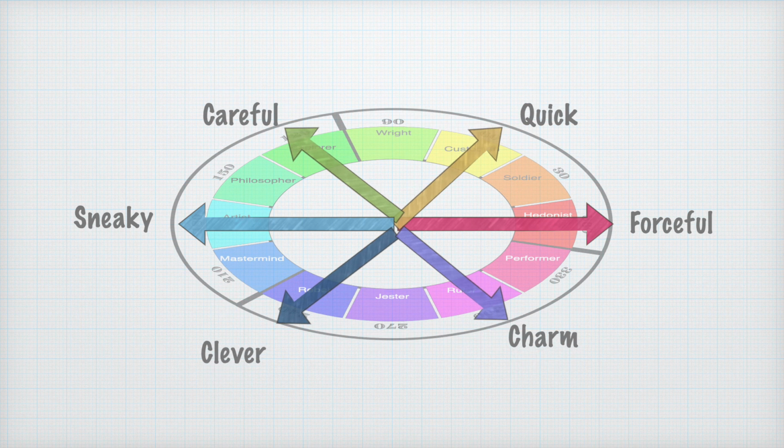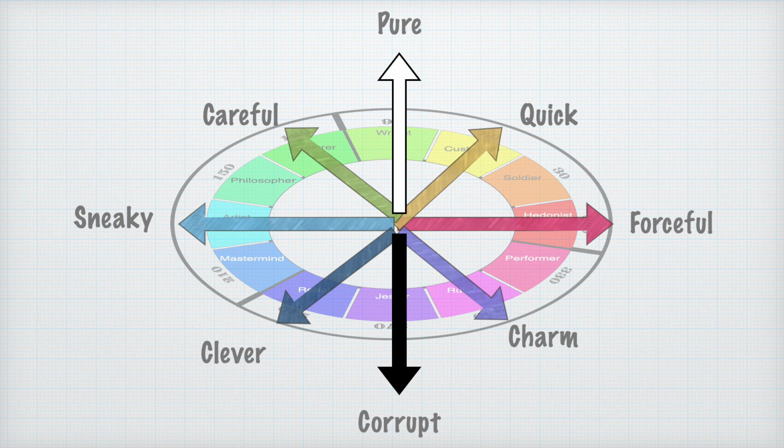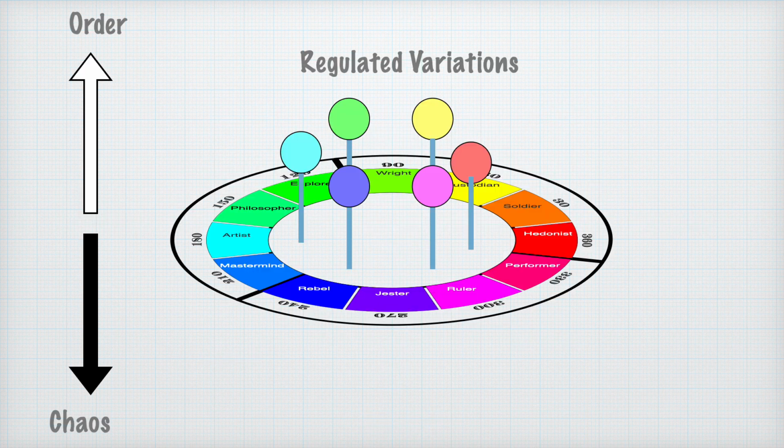And now, with our regulation, we're going to add two new approaches, pure and corrupt. Or order and chaos, but this gives us a whole new way of looking at archetypes. So we could have regulated variations of our archetypes where somebody is more orderly, regardless of what direction they would normally take.